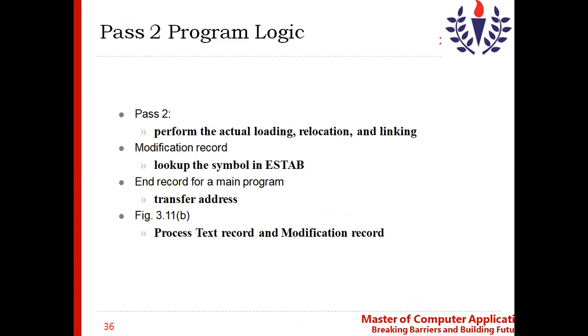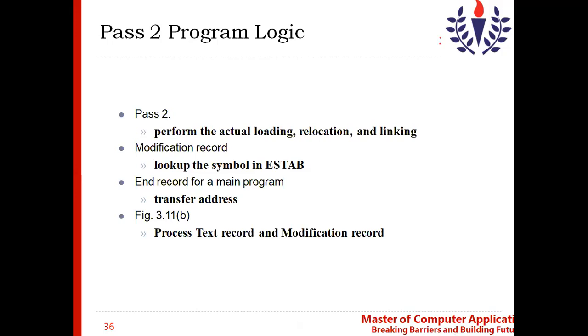We have the control section, the program name, and also the symbols in the programs. Those contents are available in the ES tab. Only this process happens in pass one, nothing else. In pass two, all the functions of the loader happen. It performs the actual loading, relocation and linking process.